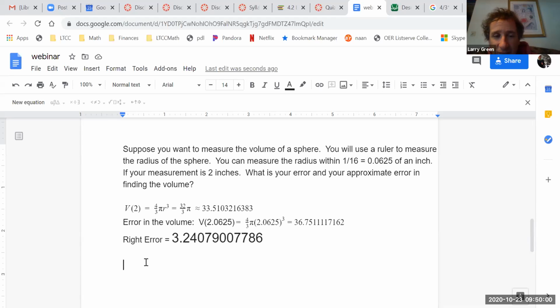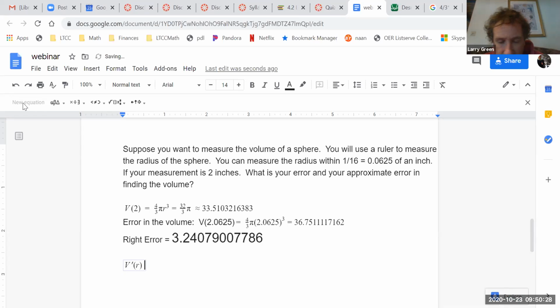How do we do it using calculus? Yeah, we take the derivative. So what we can do now is we can find v prime of r. And v prime of r is the derivative of 4/3 pi r cubed, which is just 4 pi r squared, which is kind of nice.